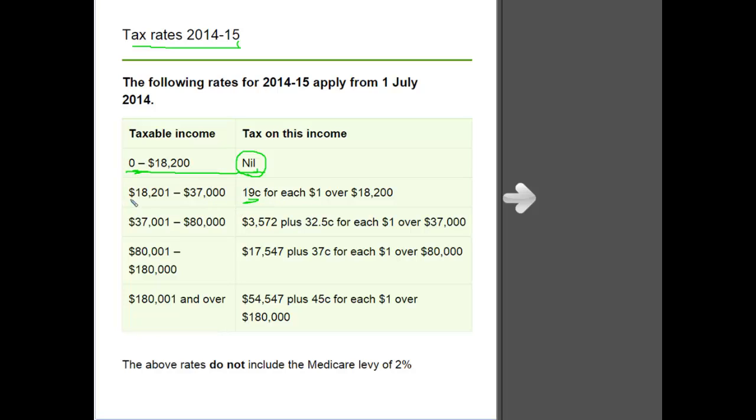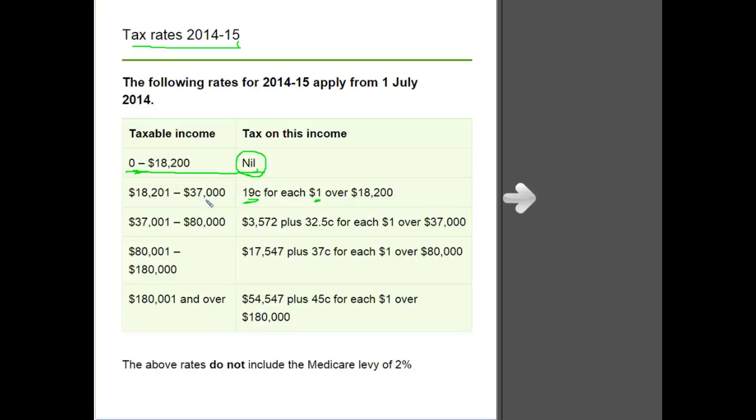So if you made $18,201 in a year, you'd pay 19 cents in tax because you made $1 over. If you had made $18,202, you'd pay 38 cents in tax because that was $2 over the $18,200. So you'd have to pay 19 cents for every dollar there. That goes all the way up to $37,000.